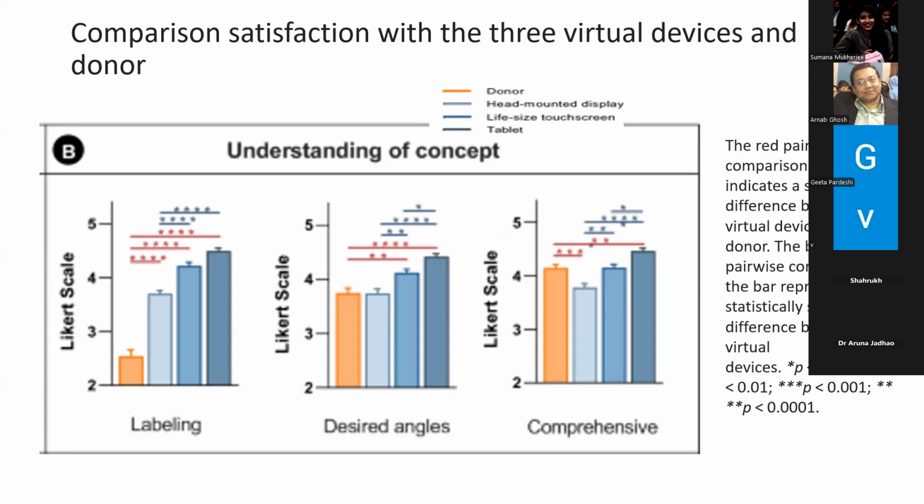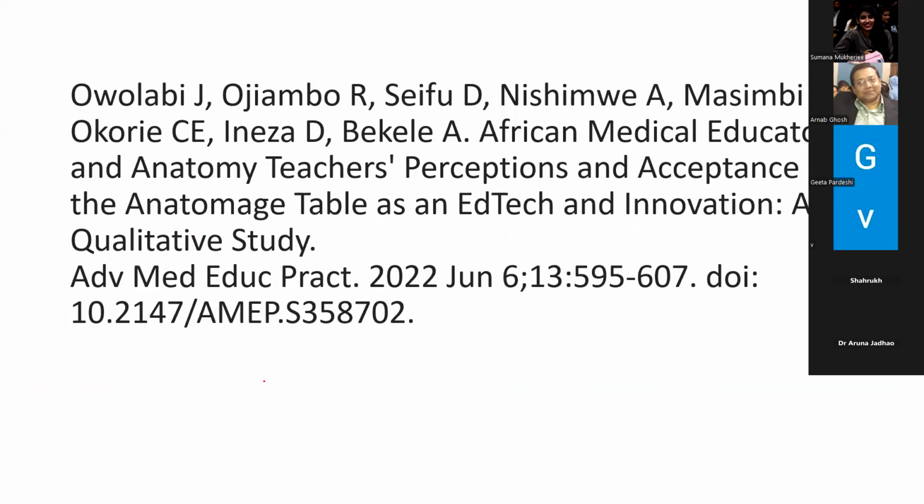This is a graph showing the average Likert scale in the different types of dissection and comparing them using ANOVA.